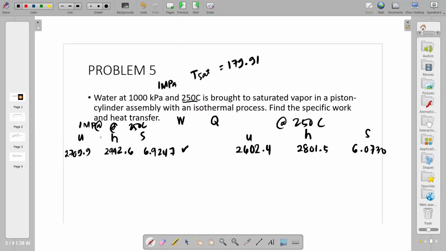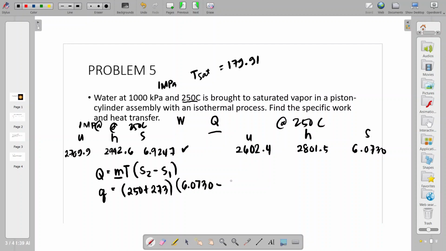Ayan. So, pwede na nating i-compute si Q. Diba? Q is equals to M T S2 minus S1. So, technically dito kasi si M ay wala dahil specific work naman at heat transfer ang hinahanap. So, Q is equivalent to T, which is 250. Convert natin sa Kelvin plus 273. S2 natin ay 6.0730 minus 6.9247.